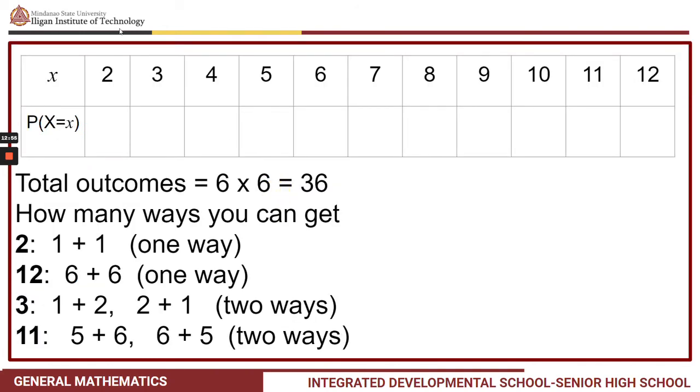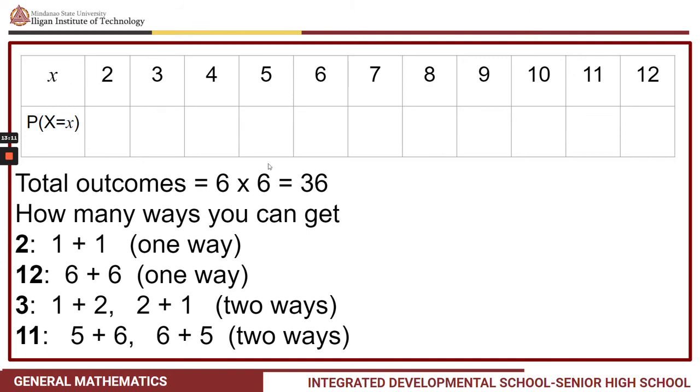To fill in the probabilities below, you count how many ways there are per value. And you also need to solve for the total number of outcomes.